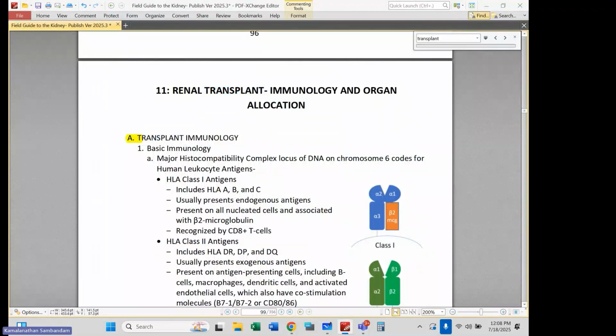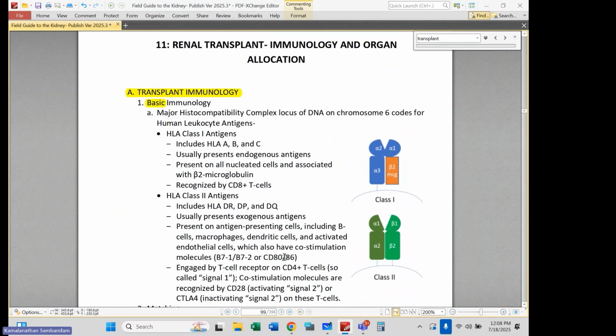Okay? So you have to remember a couple of basics from your prior phases of education. You have the so-called major histocompatibility complex, and that codes for the MHC molecules or the human leukocyte antigens.